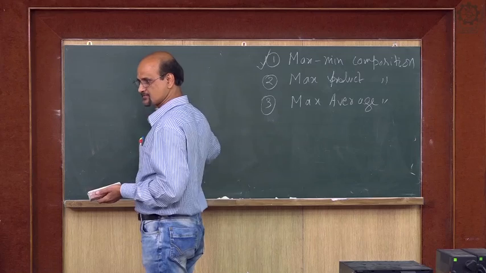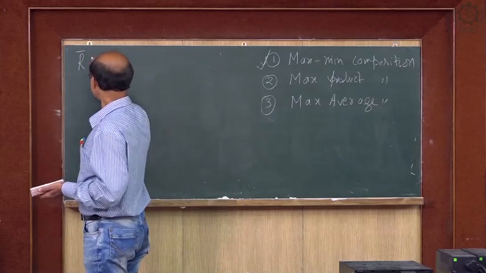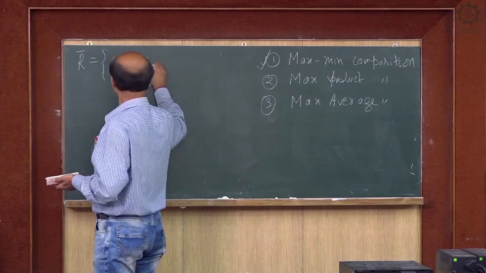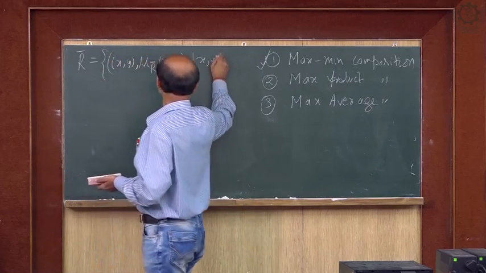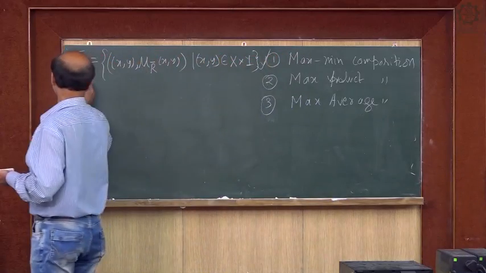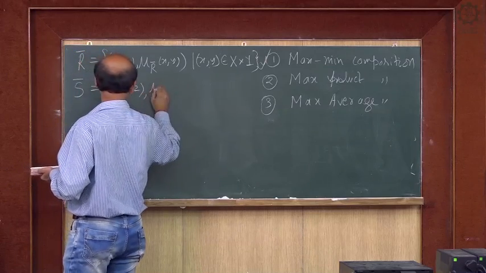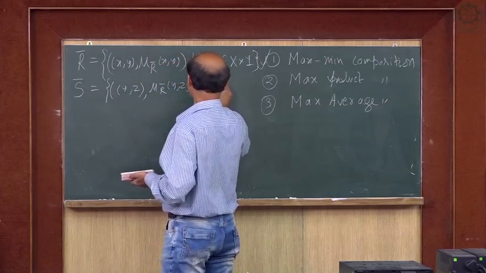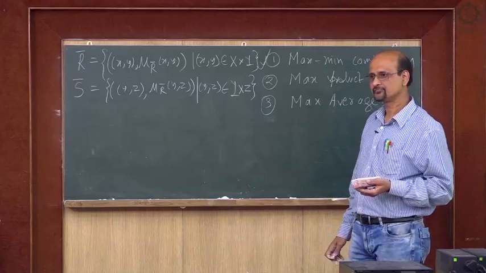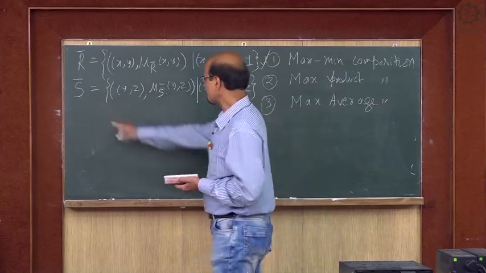If we have two product spaces, X to Y and Y to Z, suppose I have a relation R bar from X to Y. I can define R bar as the set of x y comma mu R bar x y such that x y belongs to X cross Y. Now, Y to Z is S bar, so I write y z comma mu S bar y z such that y z belongs to Y cross Z. Yes, mu S bar, because I have taken S bar here.